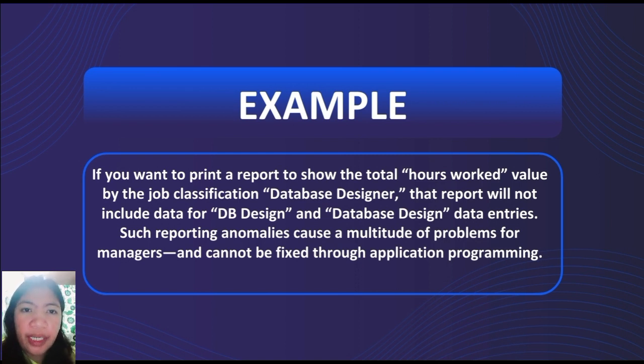These reporting anomalies can create challenges for managers who rely on accurate and comprehensive reports. They cannot be fixed solely through application programming, and this highlights the importance of data standardization and normalization to ensure consistent and reliable reporting.